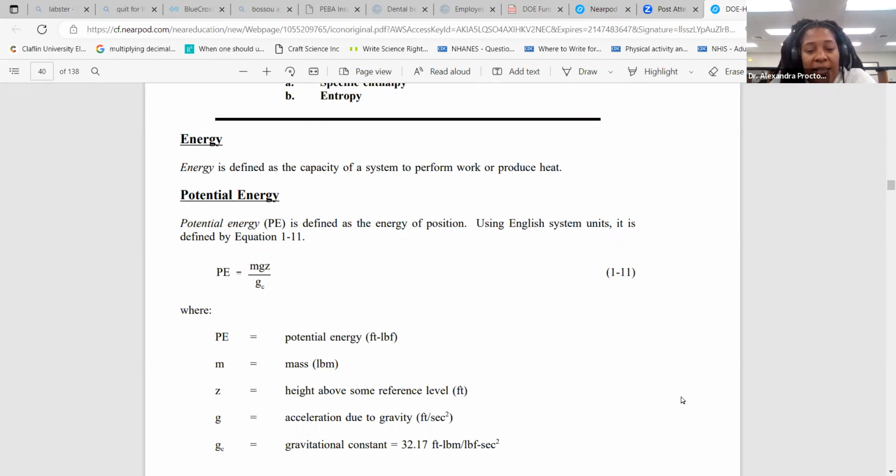Z is defined as the height from the reference level, and that height is in feet. We're using the English system. G is acceleration due to gravity in feet per second squared. And the gravitational constant is 32.17 foot-pound mass per pound force second squared.